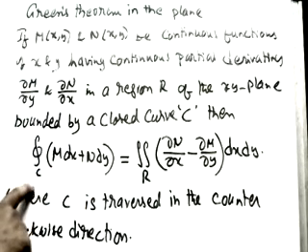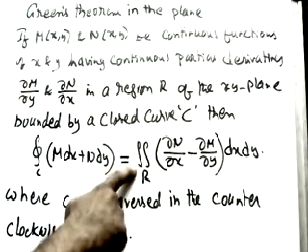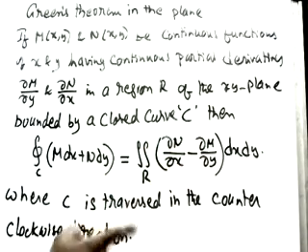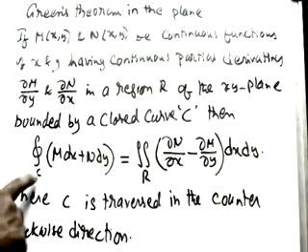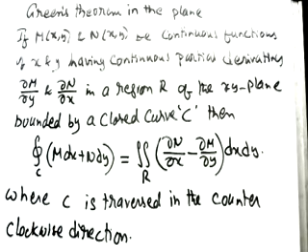The line integral of M dx plus N dy over the curve C equals the surface integral, or double integral, of ∂N/∂x minus ∂M/∂y over the region R, where C is traversed in the anti-clockwise direction.